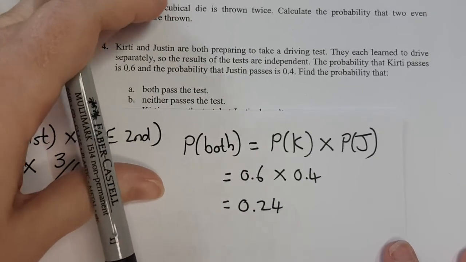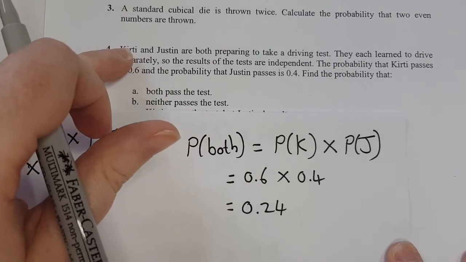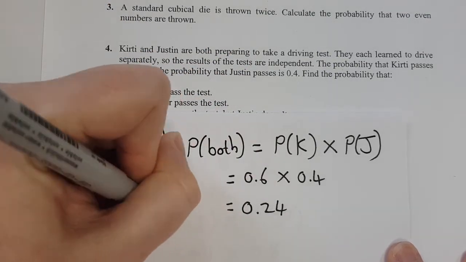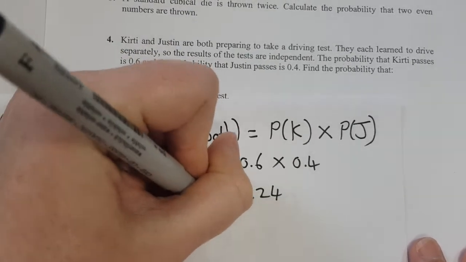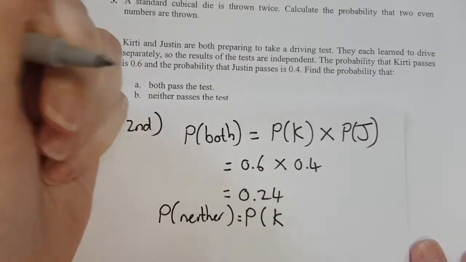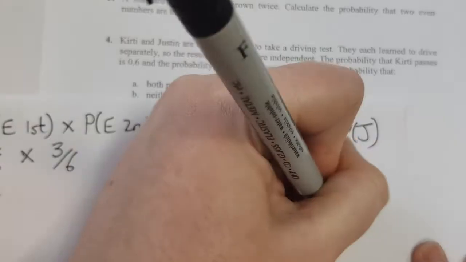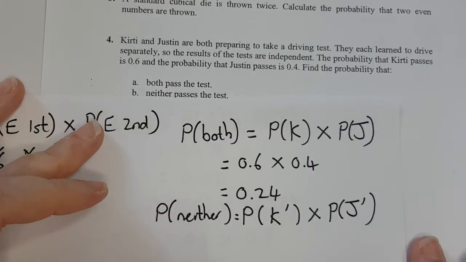Then the probability that neither of them passes means that Kirsty won't pass and Justin won't pass. So my probability for neither will be the probability of Kirsty not getting it and the probability of Justin not getting it.